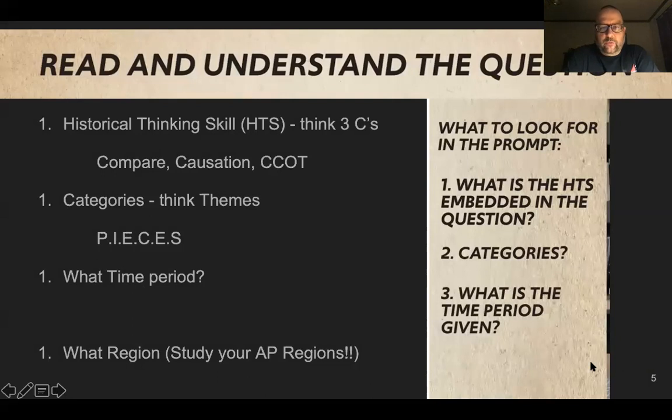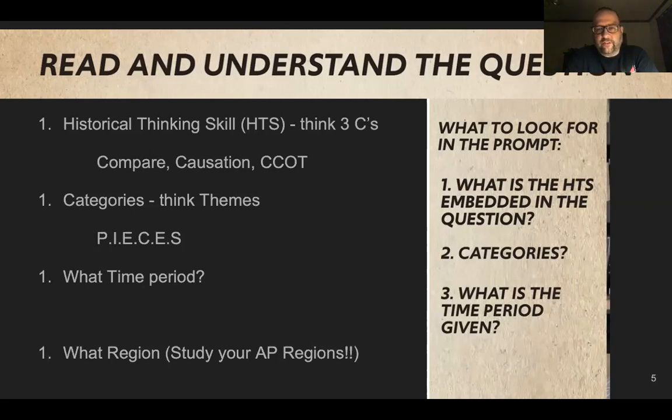Here is what you will look for in the prompt. Number one, what is the historical thinking skill embedded in the question? For historical thinking skill, let's go over to the left side of your screen. The 3 C's. You have to develop historical thinking skills that revolve around comparing, and remember what I told you in class a long time ago, comparing also means contrasting, even though that's not on here.